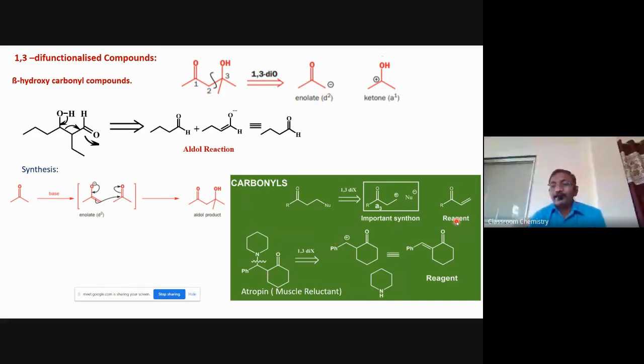This is called 1,3 difunctionalized. If we try to disconnect this, we can add here a carbonyl; the hydroxyl group, the double bond corresponds to the hydroxyl, and again we can obtain the corresponding benzaldehyde. So benzaldehyde and cyclohexanone are very good starting materials, and we can carry out such a reaction very easily. We will elaborate on that again in the later part of this presentation.